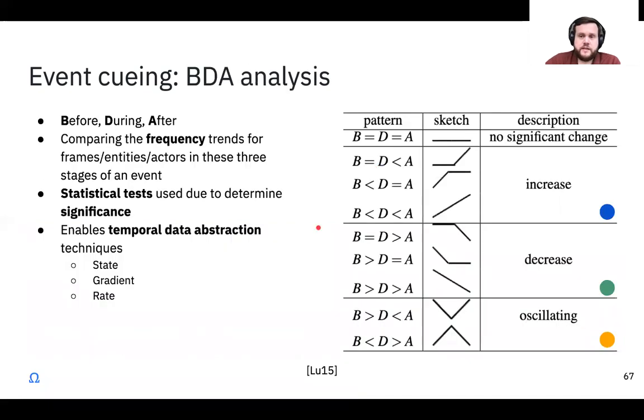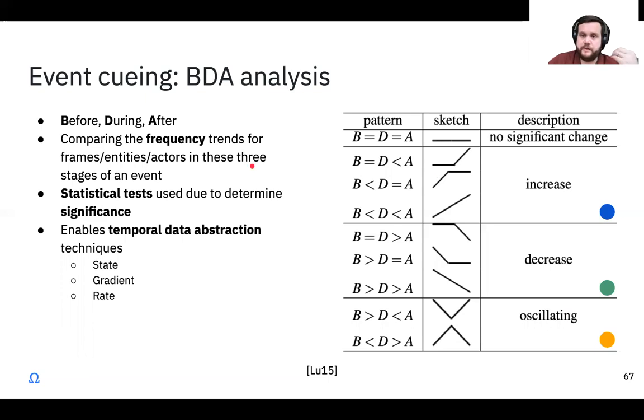Another important part of this is called the BDA analysis, where BDA stands for before, during, and after. Basically, for each evaluated time frame, they are comparing, as part of the temporal analysis, the frequency trends for frames, entities, and actors in these three stages of an event.